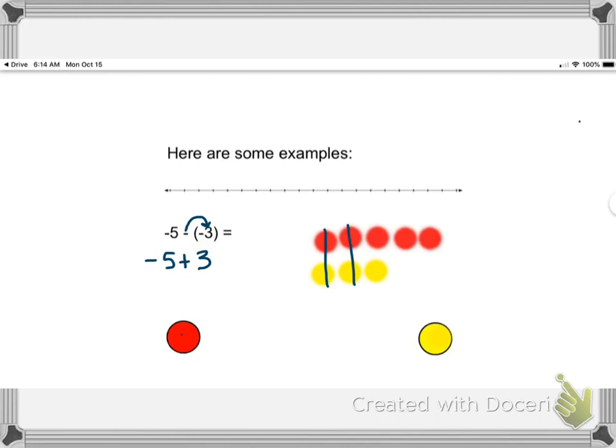We end up with 3 zero pairs, and we are left with negative 2. So on our number line, we're going to start at 0. We're going to move in the direction, 1, 2, 3, 4, 5, of a negative 5, and then come up above and move in a direction of a positive 3, 1, 2, 3. And we find ourselves at net negative 2.